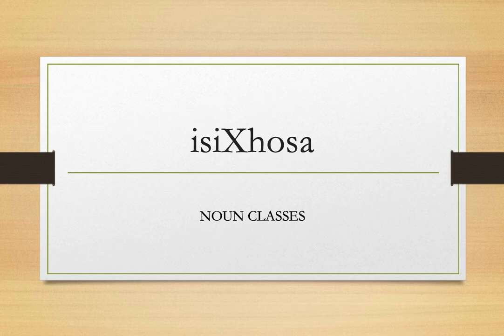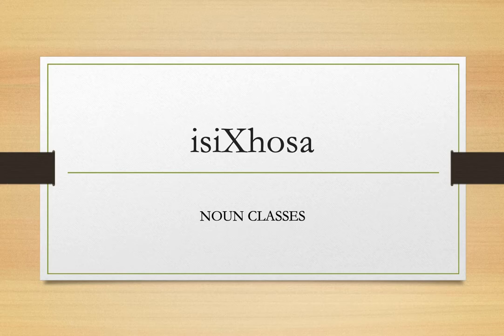In today's video we're going to look at noun classes. This is something that when people find out about them they usually dread having to learn it, and they fear that Xhosa or Zulu are just way too complicated because of these noun classes.